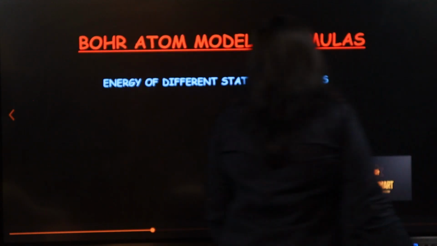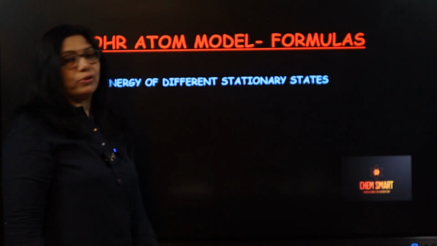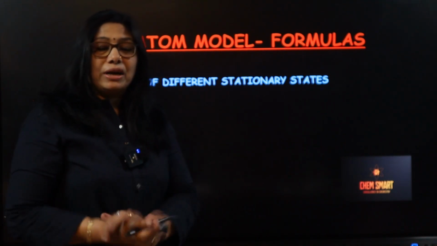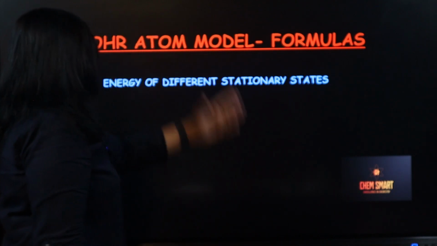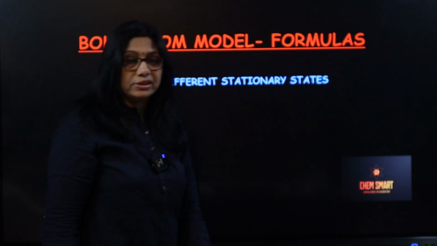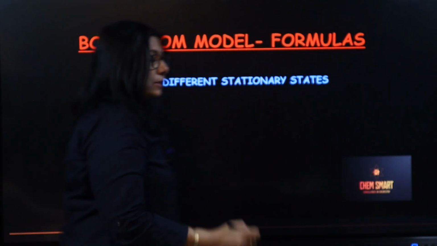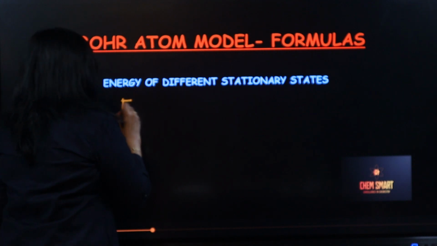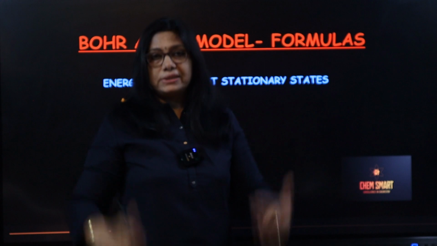Now, the next one. It is about the Bohr model of atom. From that, we have certain formulas. So let us see what the Bohr atom model formulas are. First one, energy of different stationary states. Suppose the energy of a stationary state is taken as En, that is the energy of the nth state.